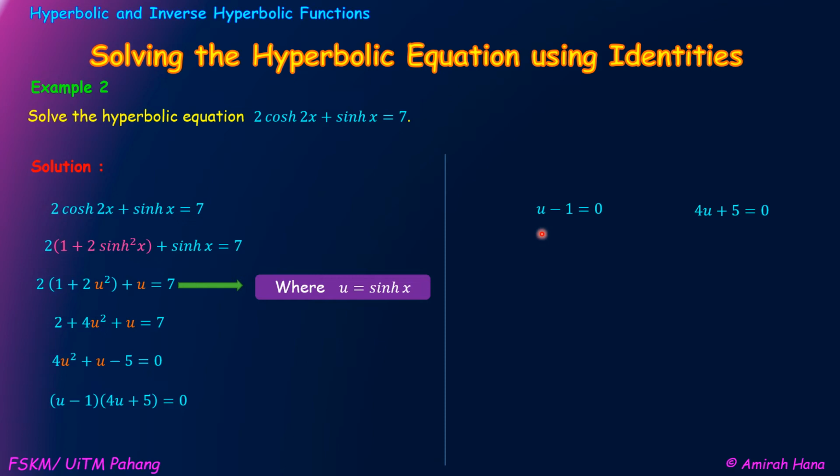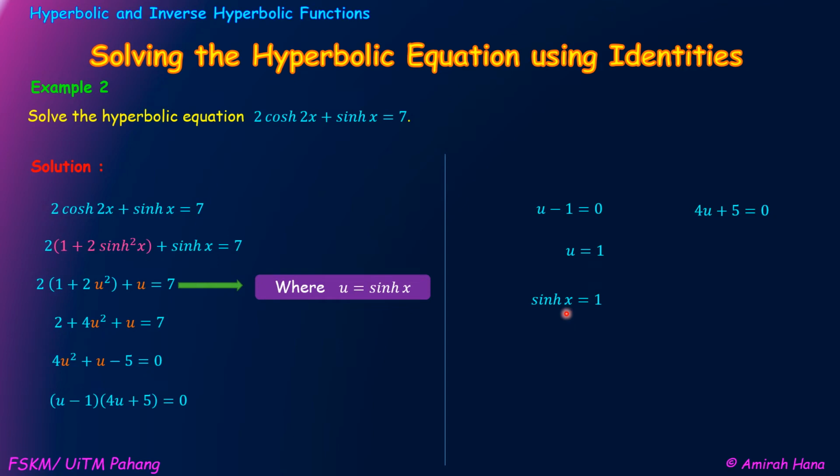From the equation u minus 1 equals 0, after we solve for u, we got u equals 1. Since u equals sinh x, we can replace back and write sinh x equals 1.